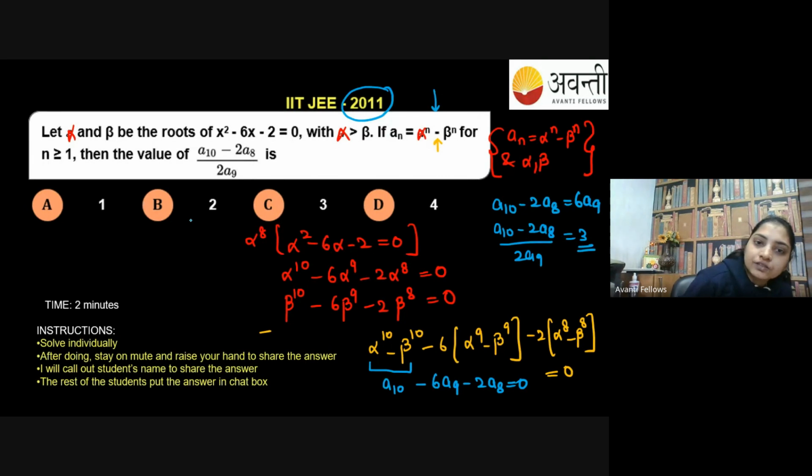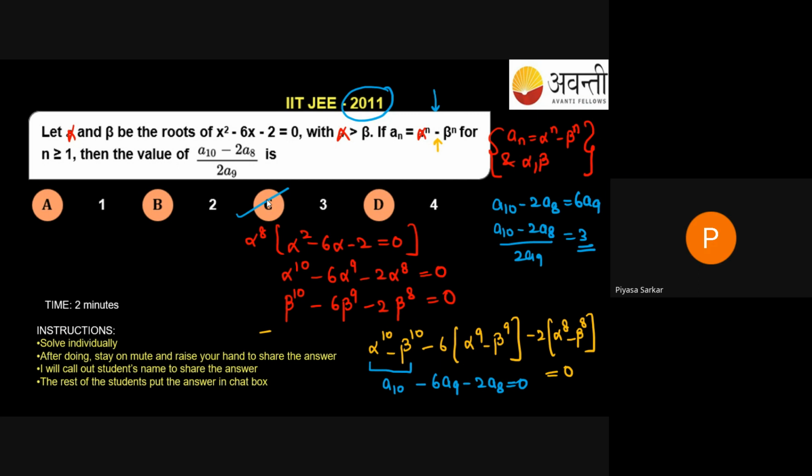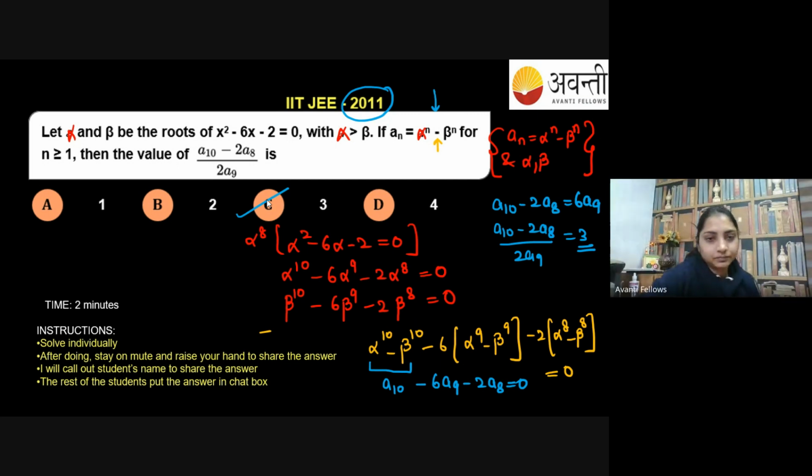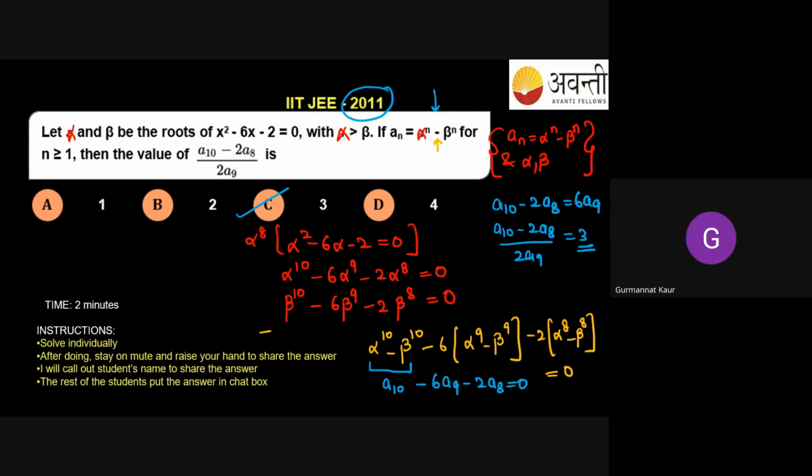So the answer for this question will be 3. Clear? Anyone having any doubt? No, ma'am. Okay. So will you all be able to recognize that it will be the case of Newton's formula? Yes, ma'am.